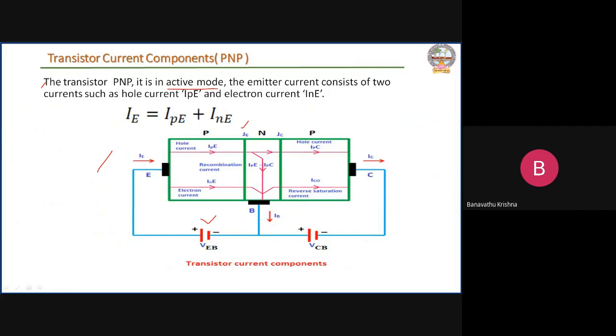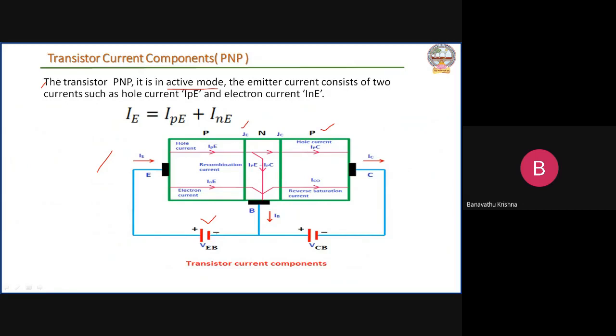So out of the huge number of charge carriers, very few recombine with electrons in the base region, about 2 to 5%, and the remaining 95 to 98% of charge carriers enter into the collector region.